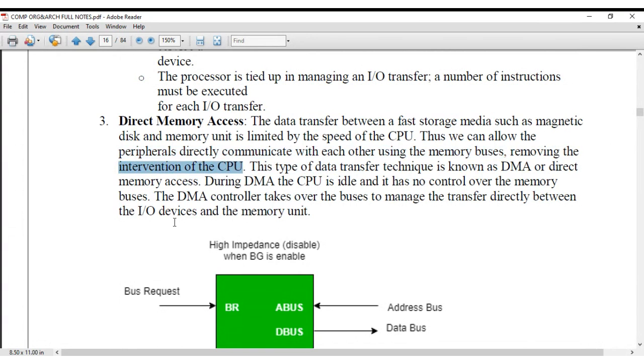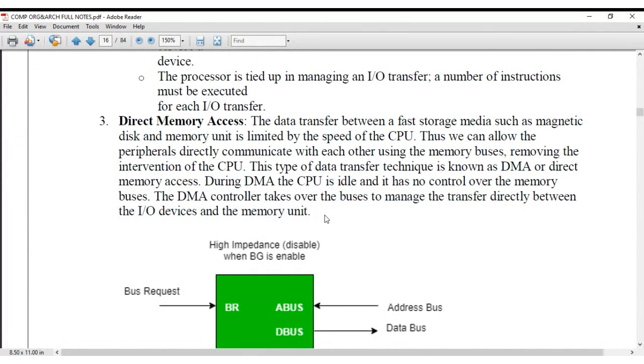This type of data transfer technique is known as DMA, or direct memory access. During DMA, the CPU is idle and it has no control over the memory buses. The DMA controller takes over the buses to manage the transfer directly between the I/O devices and the memory unit.